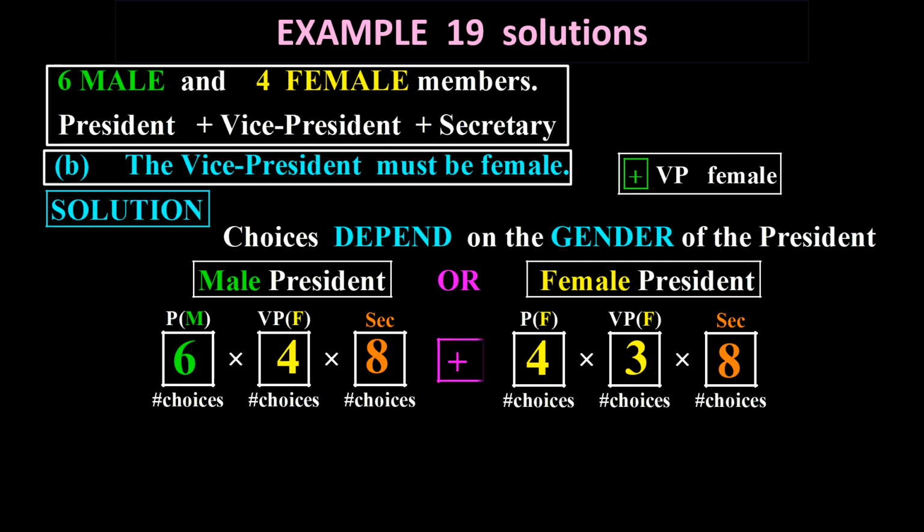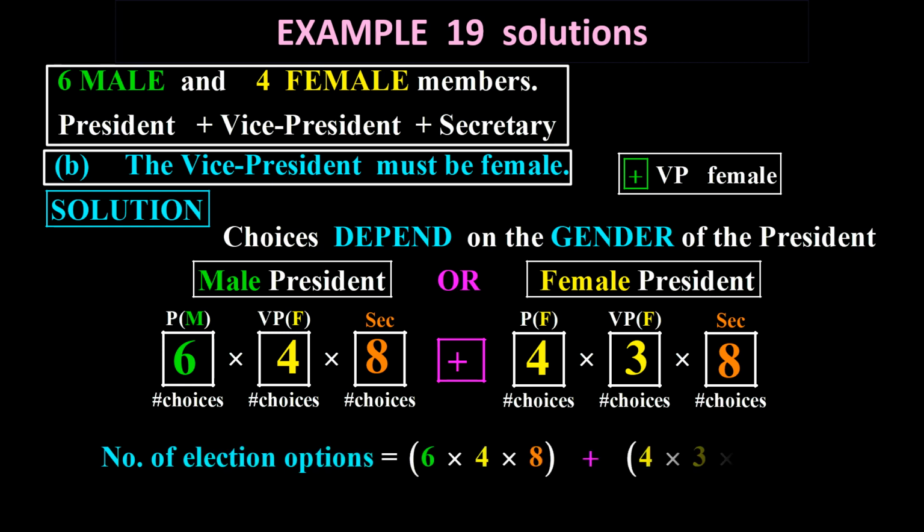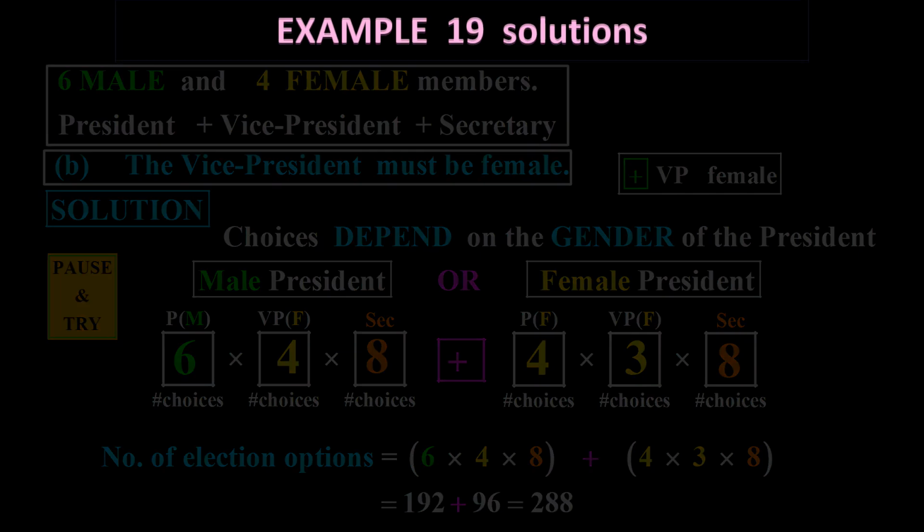We have to add those options, so this is 6 times 4 times 8 plus 4 times 3 times 8, and if we calculate that, that's 192 plus 96, equal to 288.